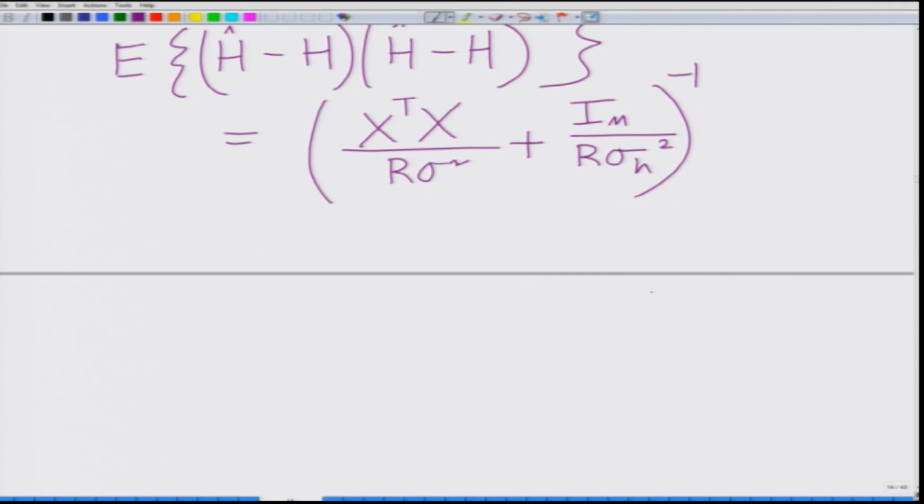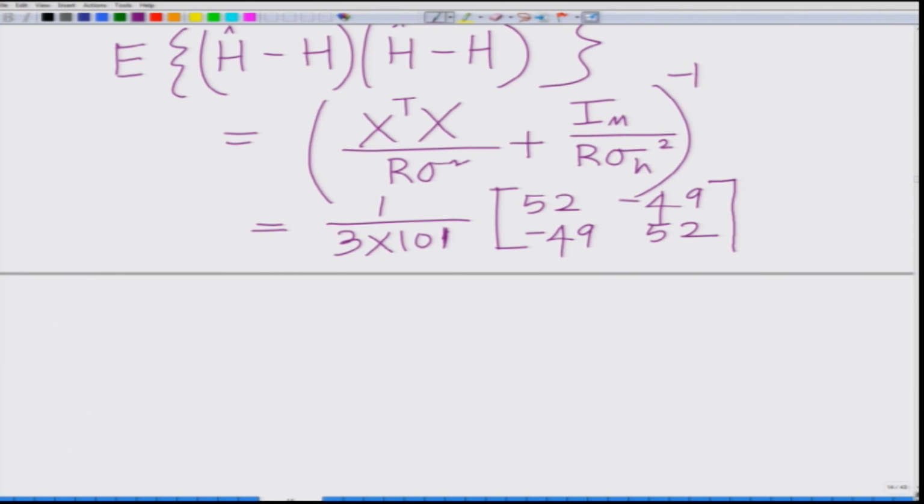This is equal to 1 over 3 times 101 into [52, -49; -49, 52].